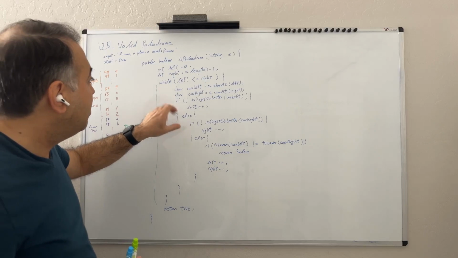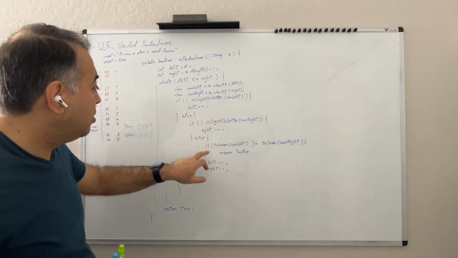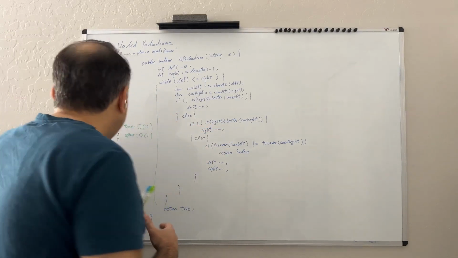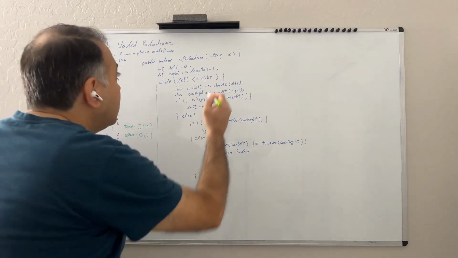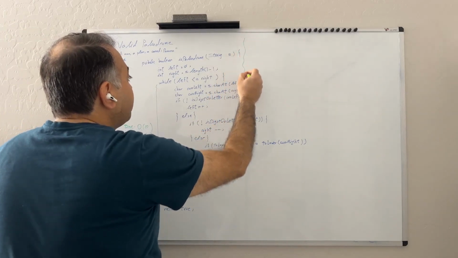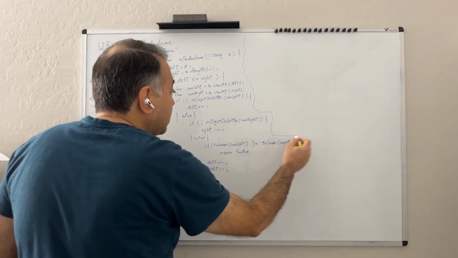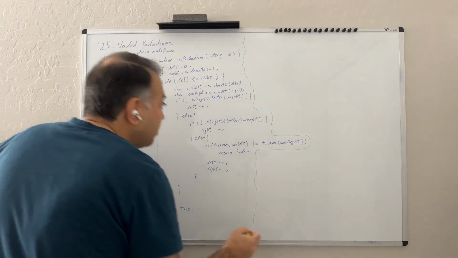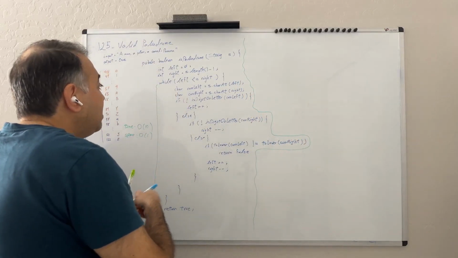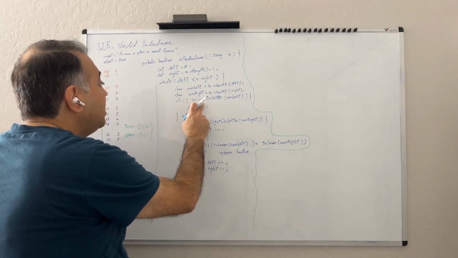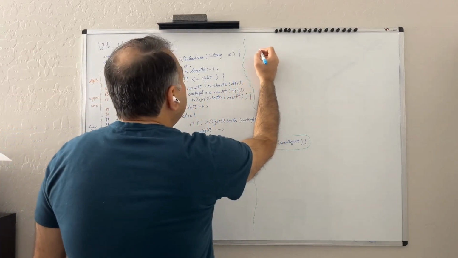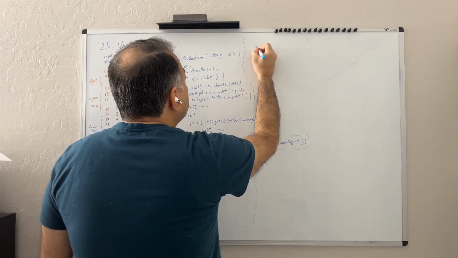Let's jump to implementing the is digit or letter and the lowercase methods that we used here. First method is the is digit or letter. I'm going to define the method.